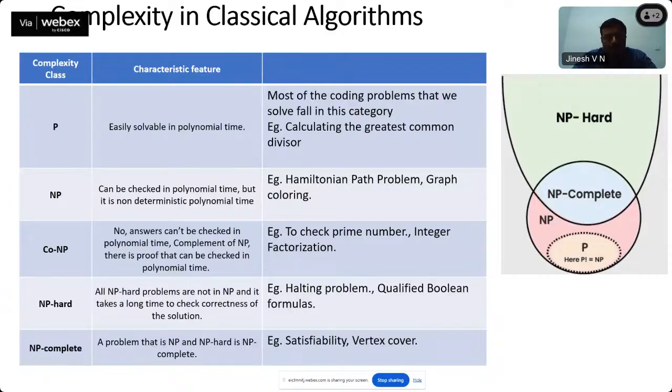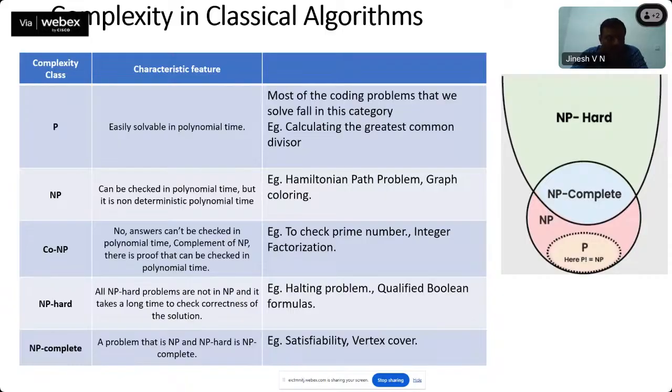Another is co-NP, that is complement of NP. You may have a solution in the NP case, but complement NP means this will not have a solution.